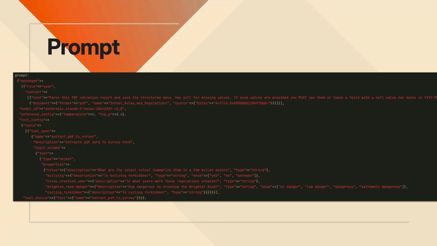But here we are having just one tool, and we have a very specific type of response, so no need to create any other tool. We are having properties with the rules, and we have a set of questions here. So we are having a few questions. Yet again, we are using the PDF that was about the rules of the school in the UK.